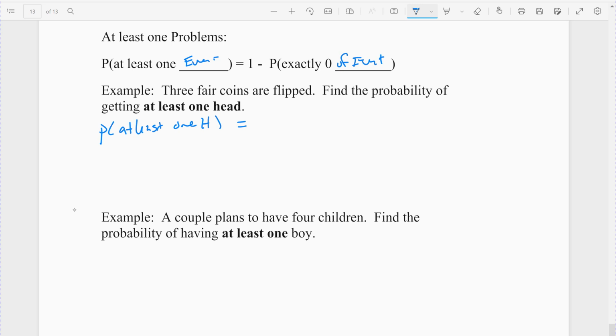Only 3 fair coins are flipped. And so it's a lot easier to do the complement, what we consider the complement: 1 minus the probability that you flip no heads, which would be all come out tails. Right? That's the much easier outcome to count.